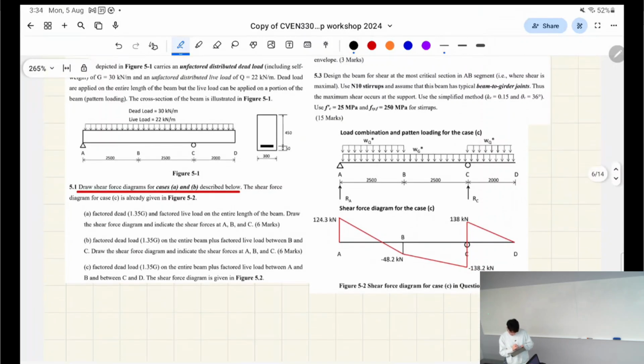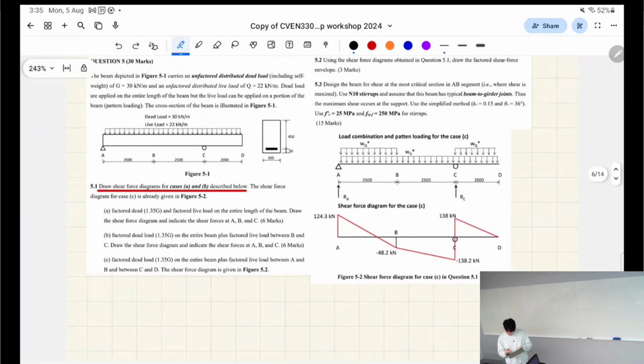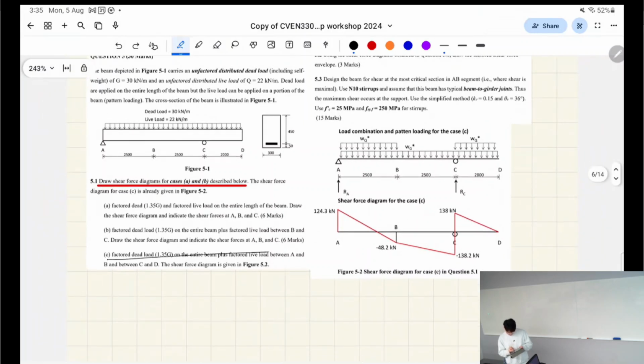Case A, the factored dead and live load act on the entire length of the beam. Case B, the dead load acts on the entire beam, but the live load only acts between B and C. Then case C, which they've already drawn for us, the dead load acts on the entire beam, but the live load acts between A and B and between C and D. So this is dead load, and for the case they've already drawn, that's where our live load sits.